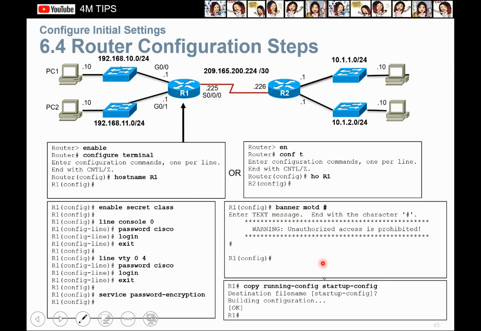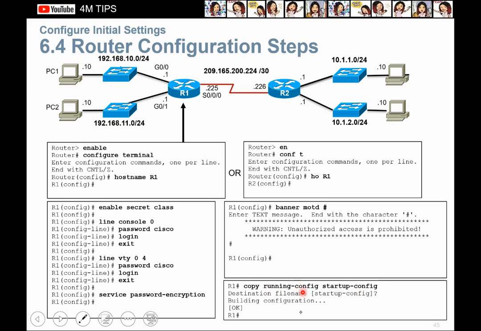And then the next one is I want to save all the configuration that I configured earlier. The command to save it into the startup configuration, which is the NVRAM, non-volatile random access memory, is copy running-config startup-config.